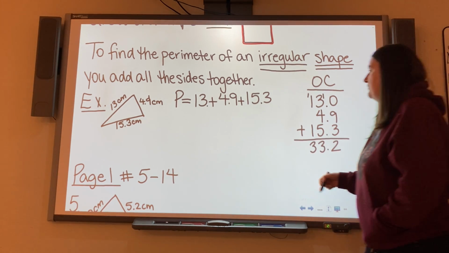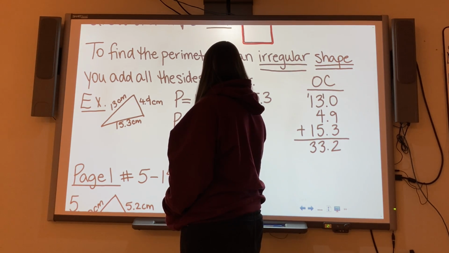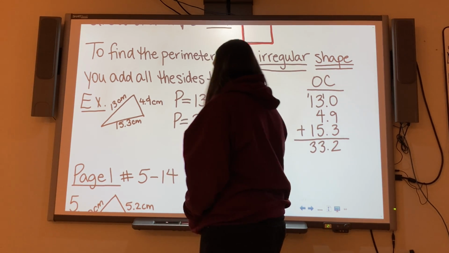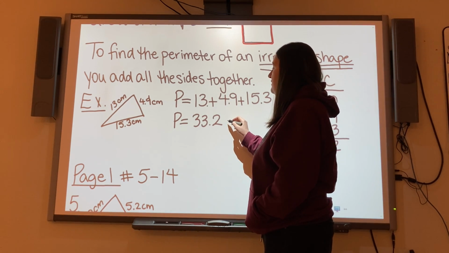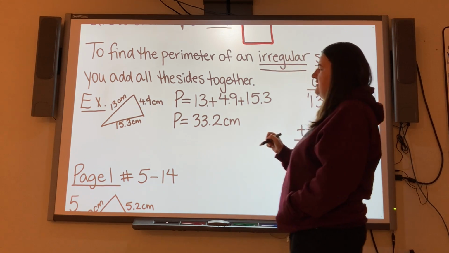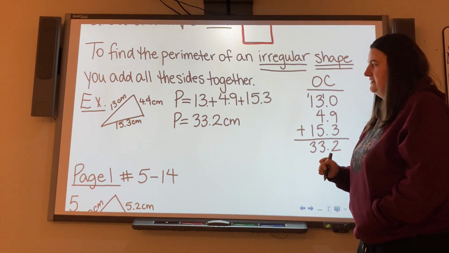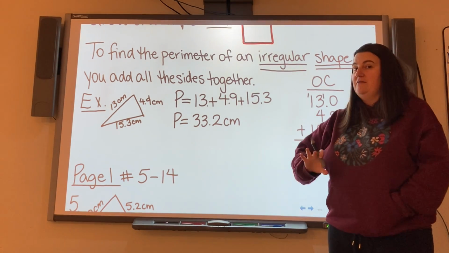So 33.2, the perimeter equals 33.2, and when you're writing your final answer, don't forget to include the unit of measurement, in this case, centimeters. 33.2 centimeters. So that's all you're working on today, perimeter of irregular shapes.